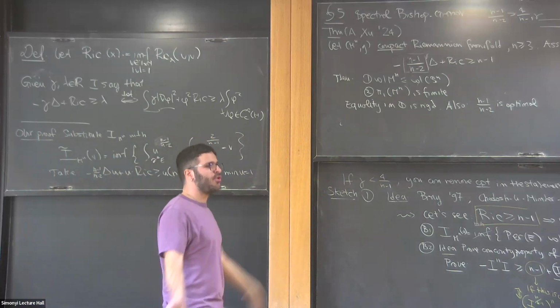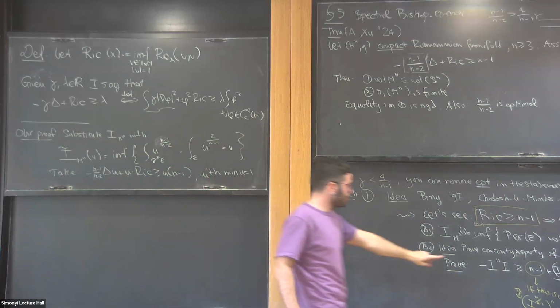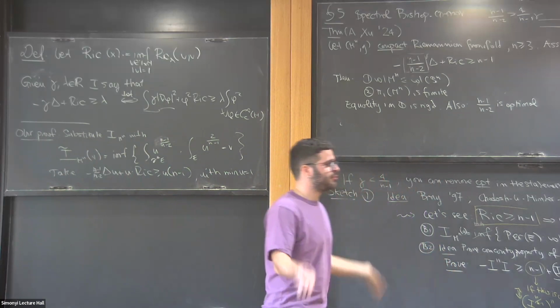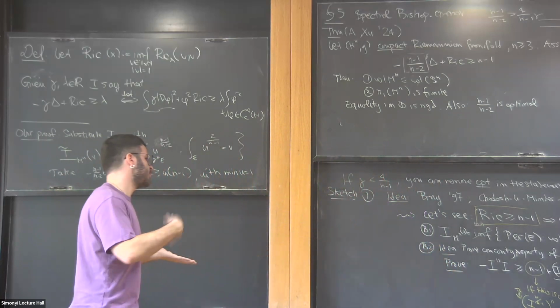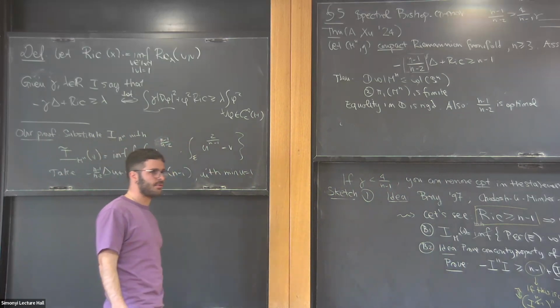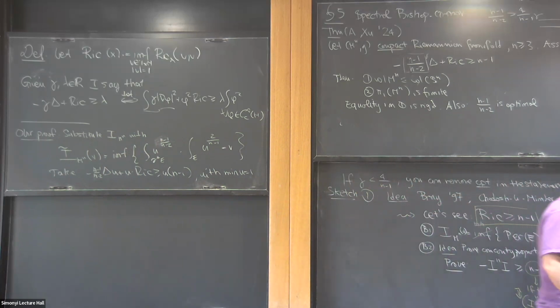Pi1 is finite, you go on the universal cover, it might not be compact, but to prove this inequality, you only need the existence of isoperimetric sets. But on the universal cover of a compact manifold, you always have existence of isoperimetric sets, even if it's a strange isoperimetric problem. And then you have Pi1 is finite.